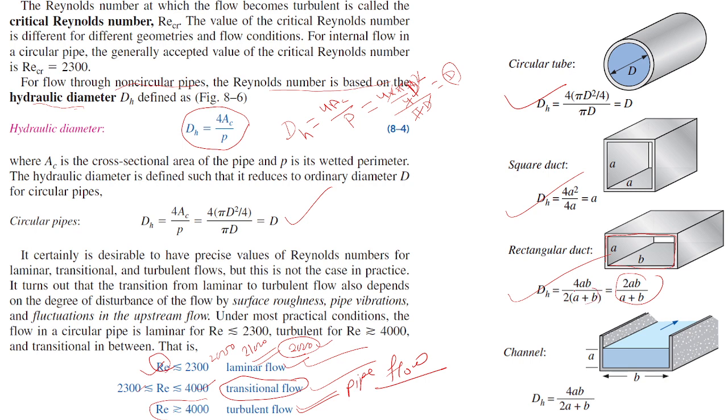Always remember, in the case of open channel flow, it is the wetted area by wetted perimeter. Wetted area is AB, where A is the depth of the flow and B is the channel width. So the wetted perimeter is A plus A, that is 2A, plus B. The top above here is nothing, so always remember these things.